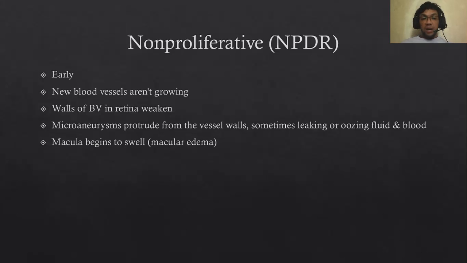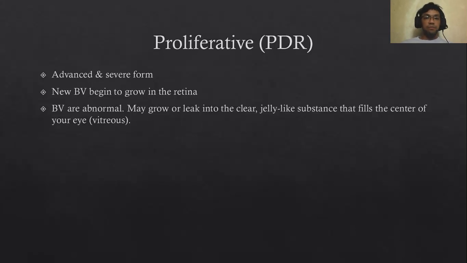Once this happens, microaneurysms protrude from the blood vessel wall, sometimes leaking or oozing fluid or blood inside the eyes. The macula will begin to swell, and it will further cause macular edema that can be seen through an ophthalmoscope. But that is already observed by ophthalmologists.